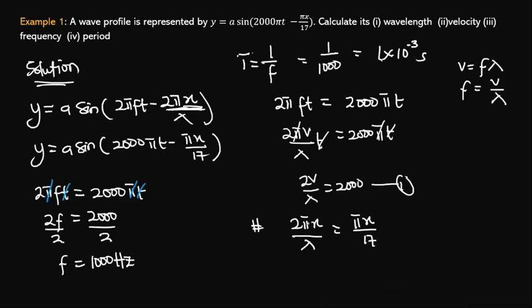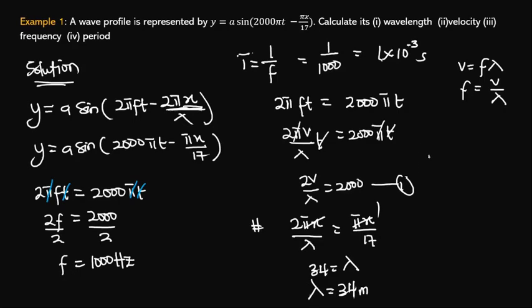If we cancel out these two over here, we're going to have 2 multiplied by 17, which gives 34, is equal to lambda. So our wavelength is 34 meters.